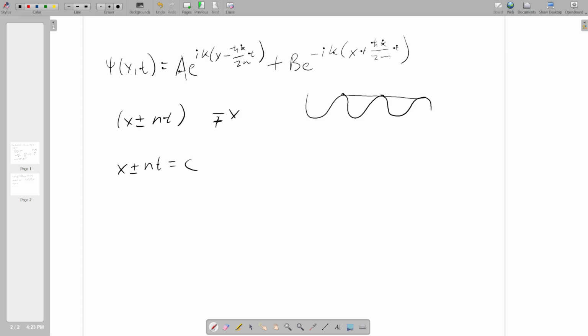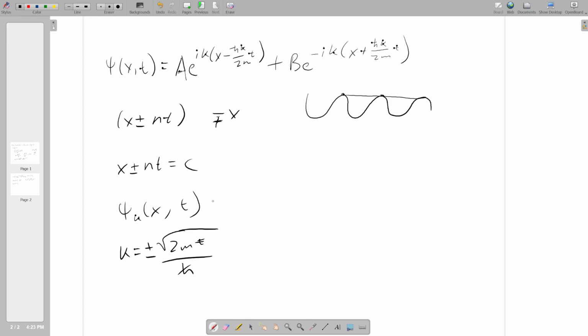we can combine our equation and just say, okay, let's write sub k, where k is either going to be, as we saw before, the square root of 2mE over h bar.